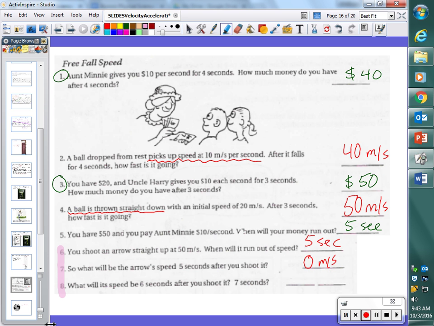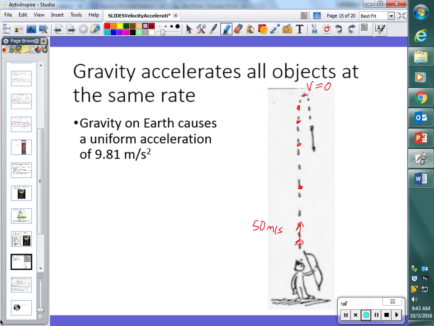So we talked about the idea that if we took this arrow and we shot it straight into the air with a velocity of 50 meters per second, the gravity on our Earth-like planet is going to cause an acceleration of 10 meters per second per second. So, on the way up, gravity is going to cause that object to physically do what? Slow down.